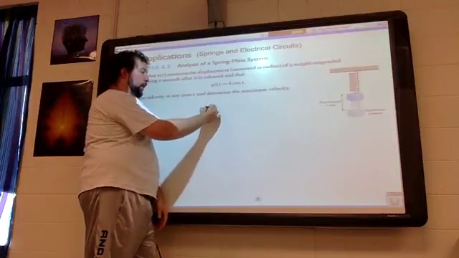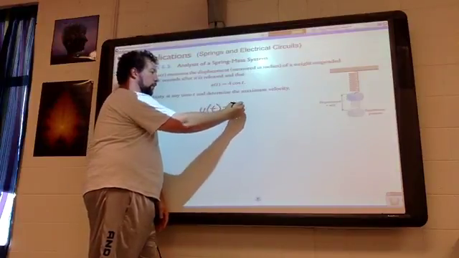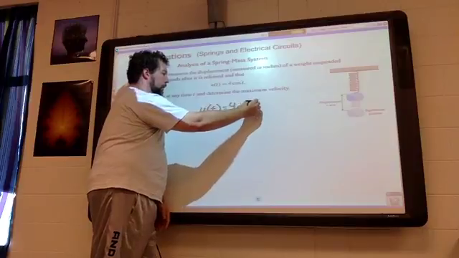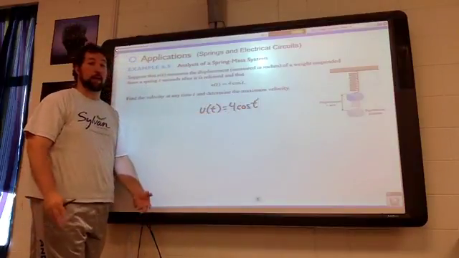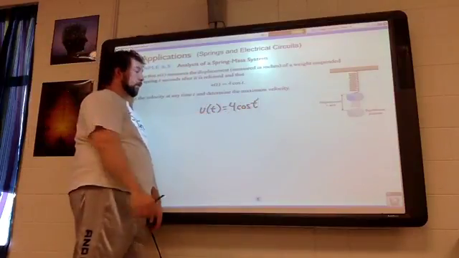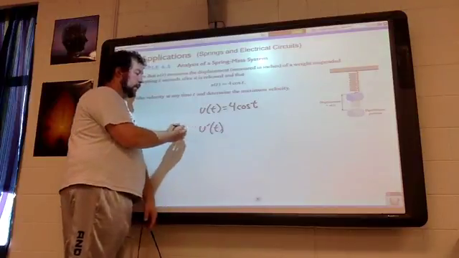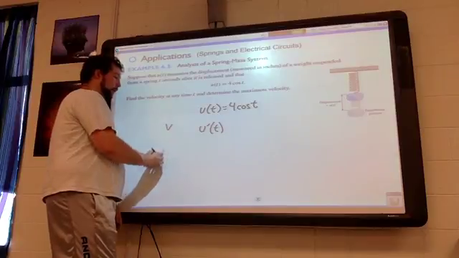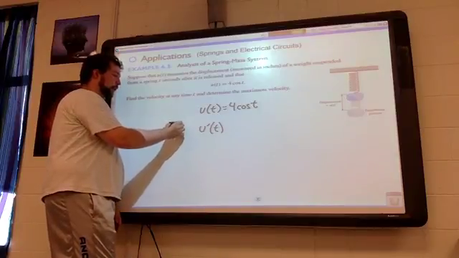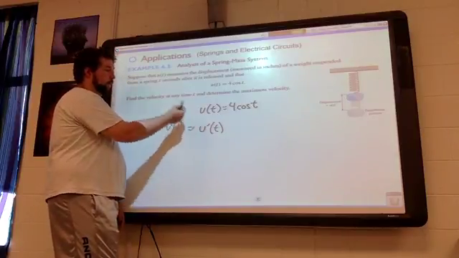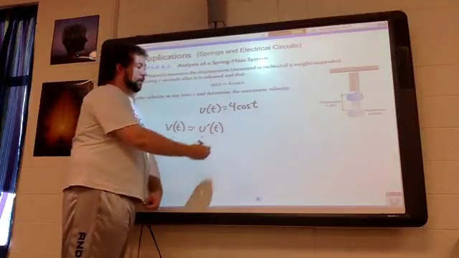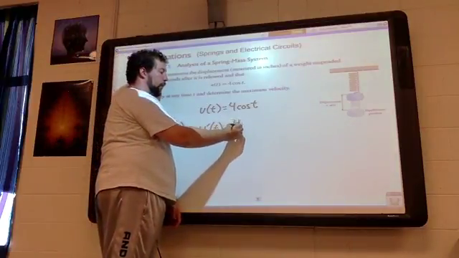So if u of t is equal to 4 times the cosine of t, sorry for using t, but t stands for time, so it makes sense. When I find the derivative, that's going to be the velocity. I guess you could say this is the v of t, the velocity. It's the derivative of the displacement. The 4 is a coefficient, so I'll leave it.